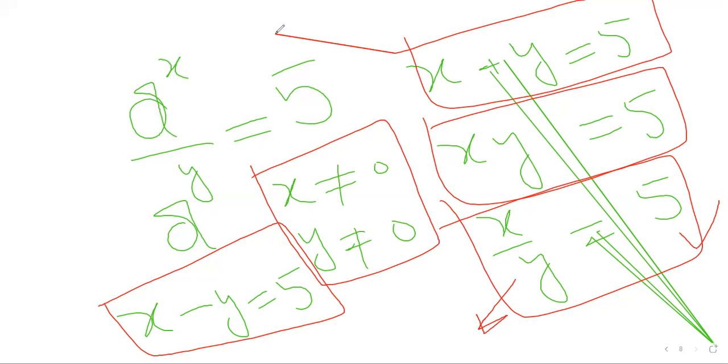Okay, it can't be that one. Oh wait, it is x is not equal to 0. We have only five choices: x is not equal to 0, y must not be equal to 0, the sum is 5, the product is 5, the quotient is 5, the difference is 5.